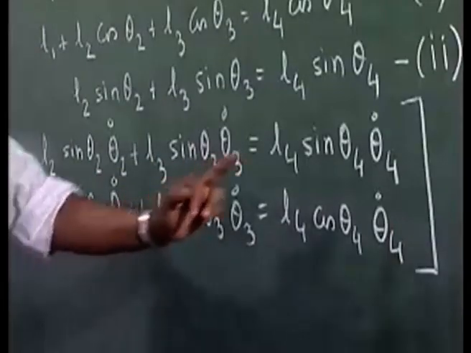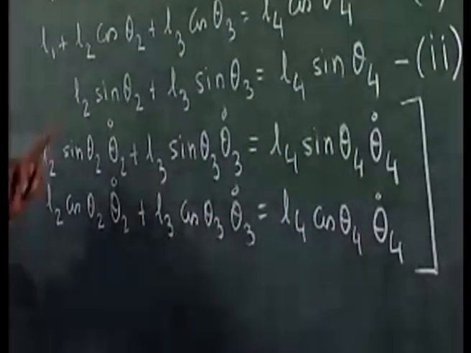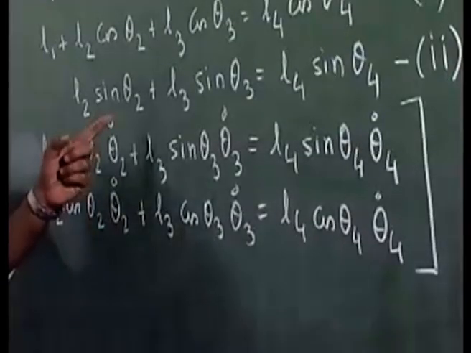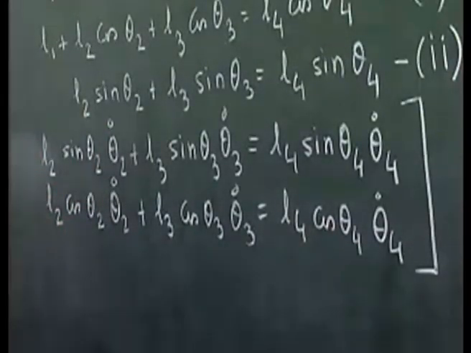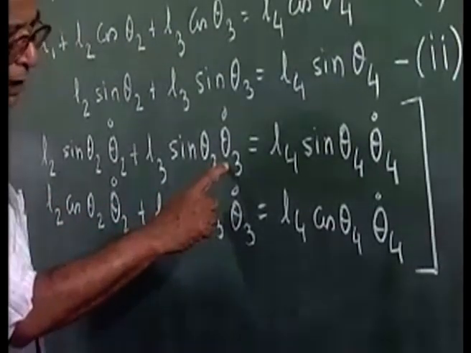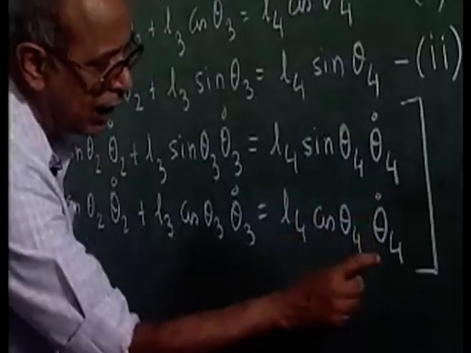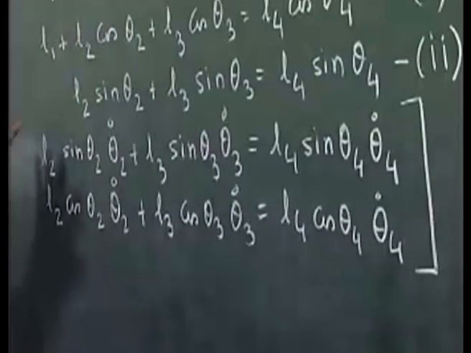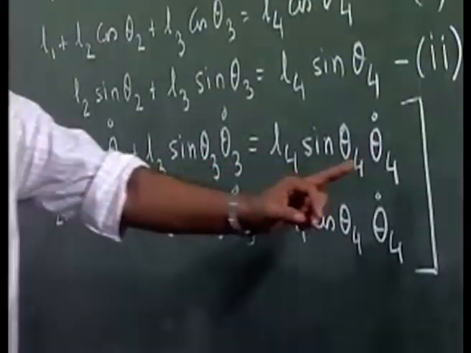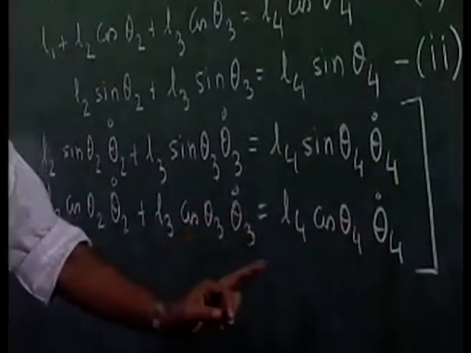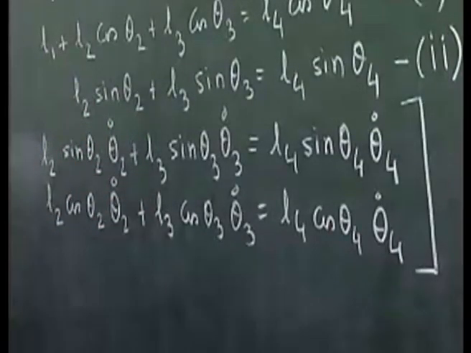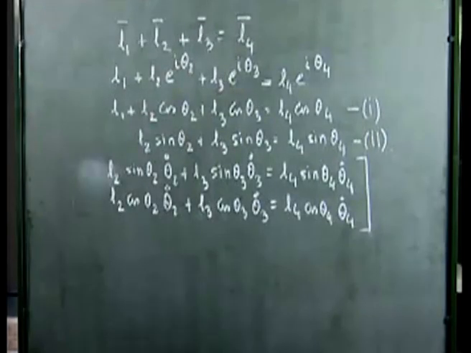The input angular velocity theta 2 dot is given, and our objective is to determine the two unknown angular velocities, theta 3 dot for the coupler and theta 4 dot for the output link. Note that these two equations in the two unknowns theta 3 dot and theta 4 dot are linear, so we can easily solve for these two unknowns from these two linear algebraic equations.